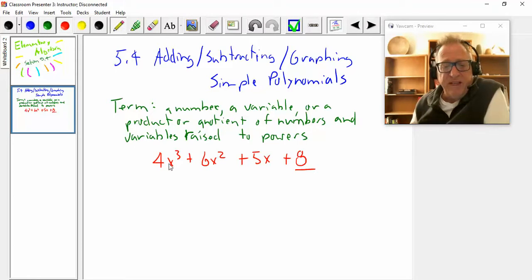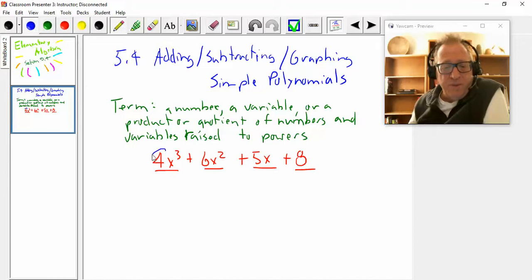And now you see each of the remaining ones is a product of a number and a variable. Sure, those are terms, and of course those variables can be raised to powers. And these variables are raised to the third power, second power, and first power, right? We don't write the 1, but it's raised to the first power. So there are 4 terms in this expression.